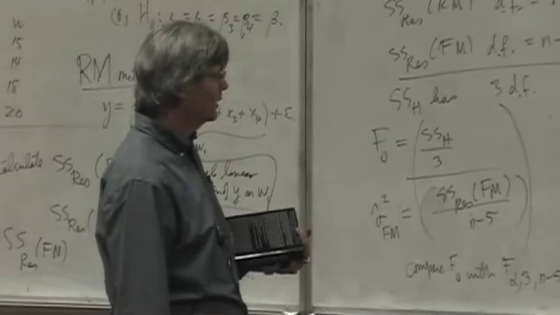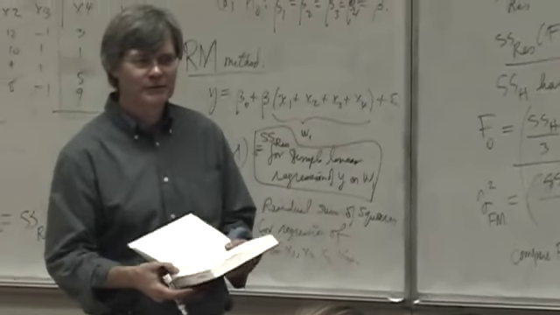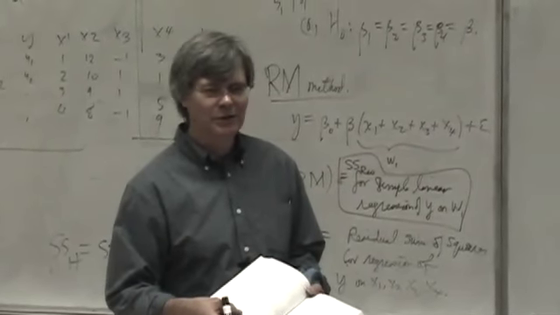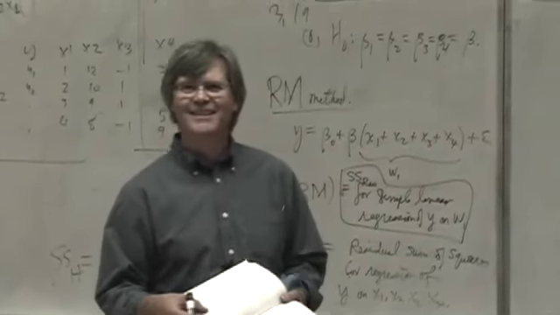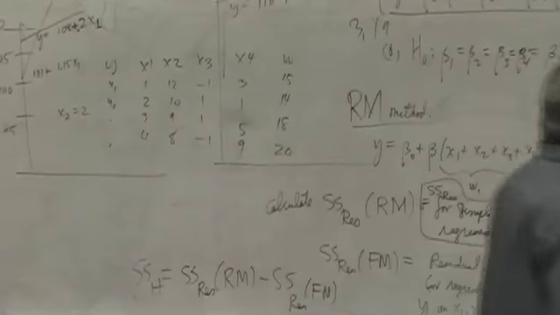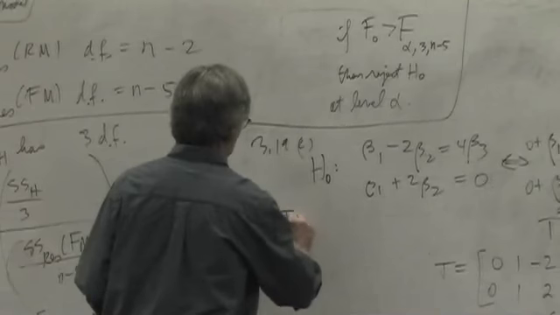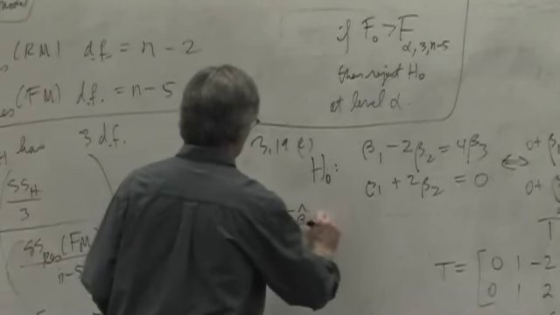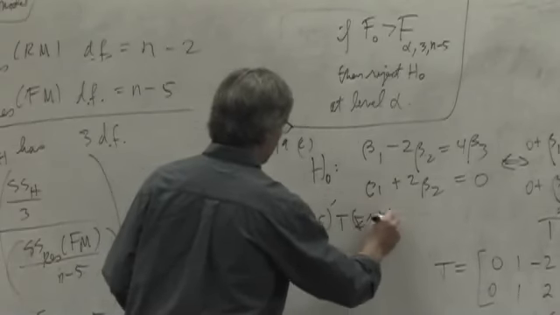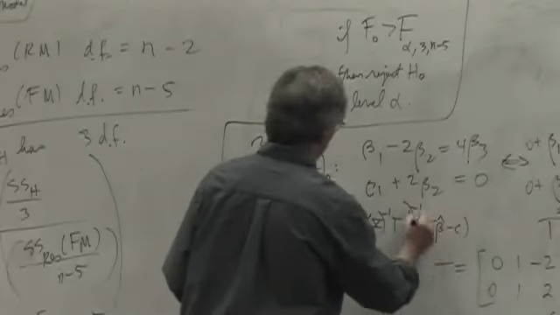All right, and then I can apply equation 341 that we got the close-up of earlier. We call that the general linear hypothesis method. And so what you do is you calculate SSH equal to (T beta hat minus C) prime, times (T (X prime X) inverse T prime) inverse, then (T beta hat minus C).